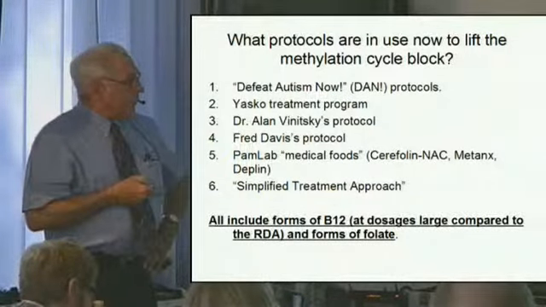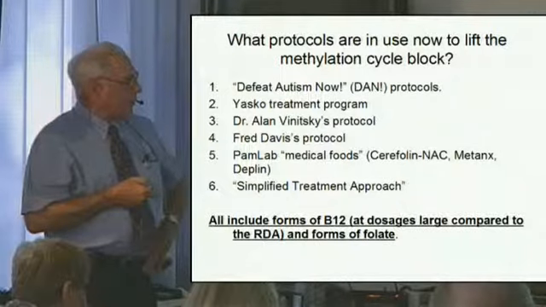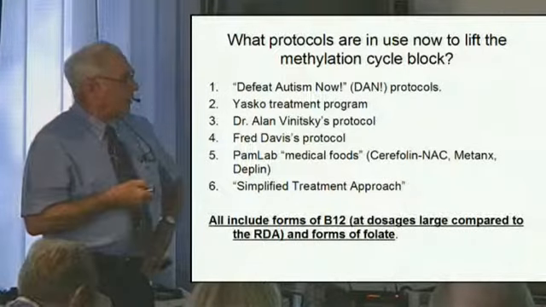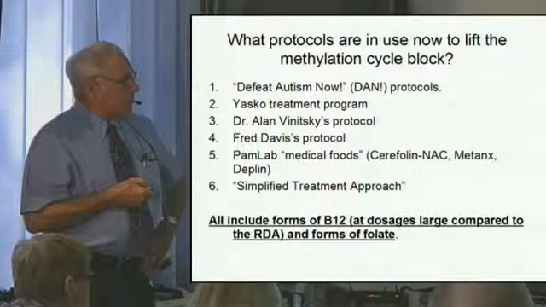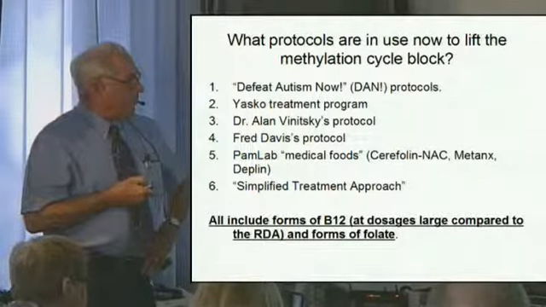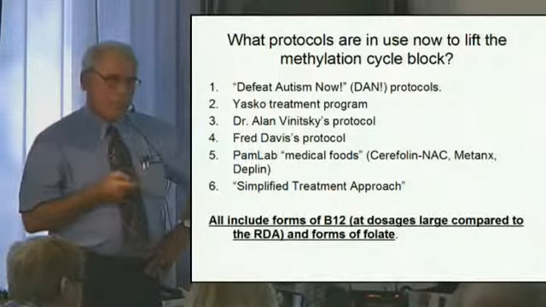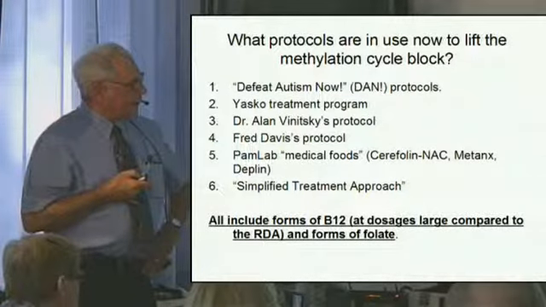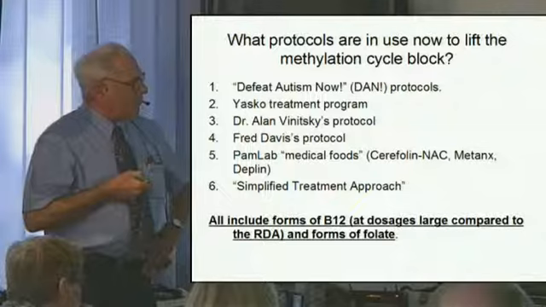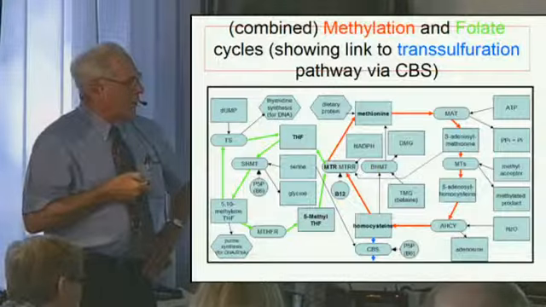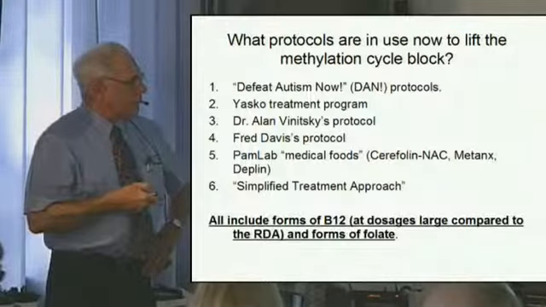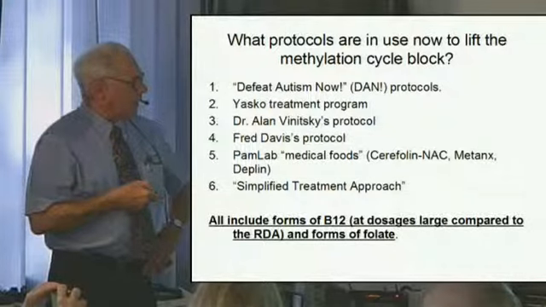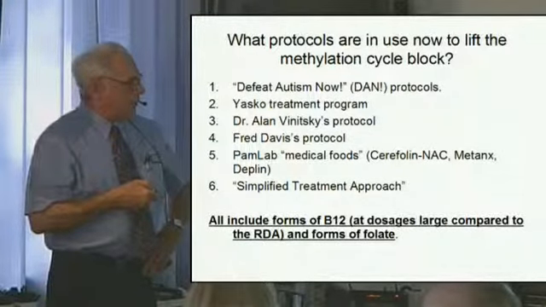Now there's a pharmaceutical company in Louisiana, USA, which is licensed by Merck to use methylfolate. Merck has the patent on making methylfolate, and so they've licensed PamLab to produce medical foods, and these are their foods here: Serafolin, NAC, Metanx, and Deplin. Deplin is pure methylfolate.